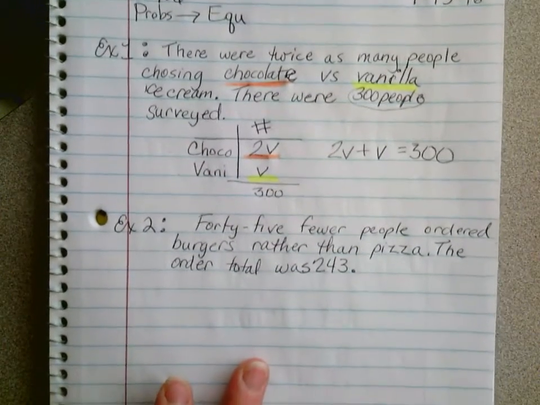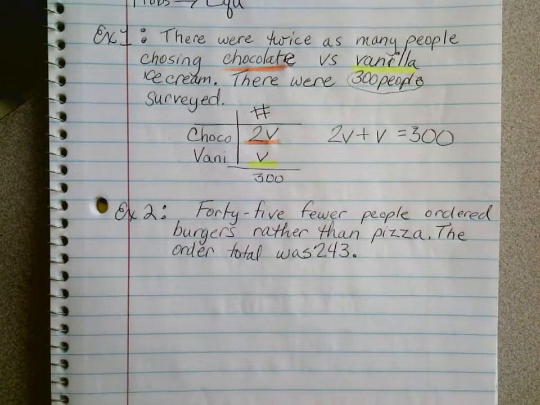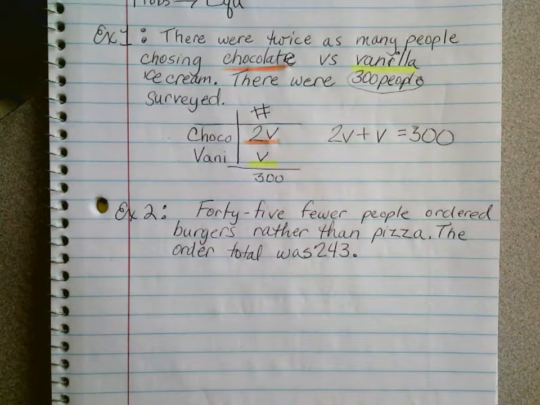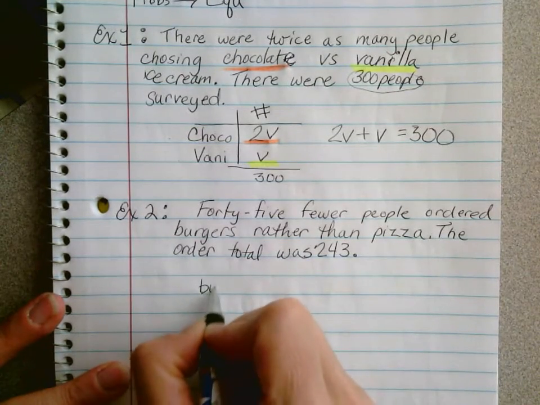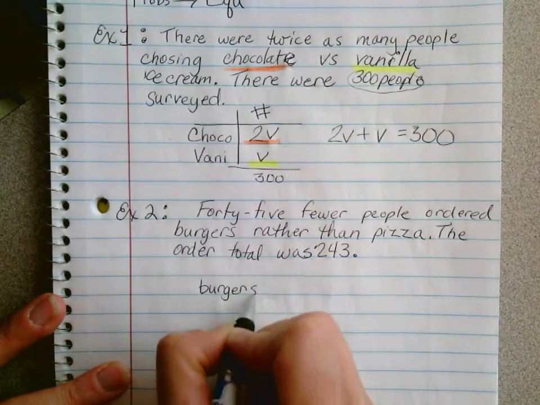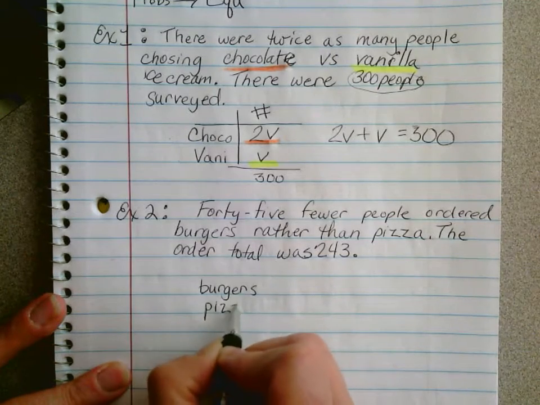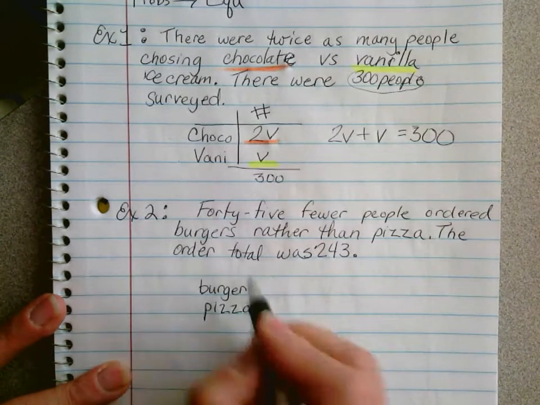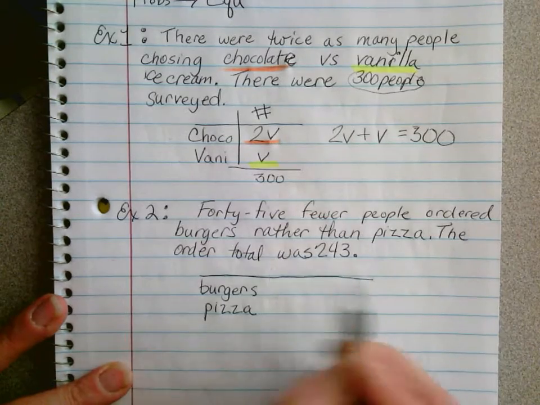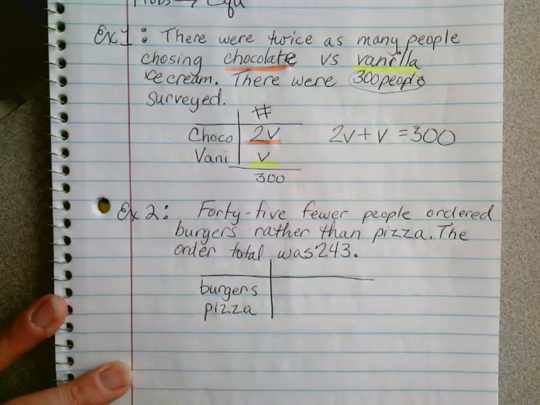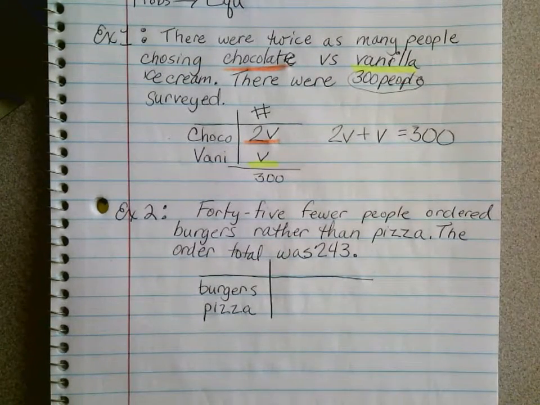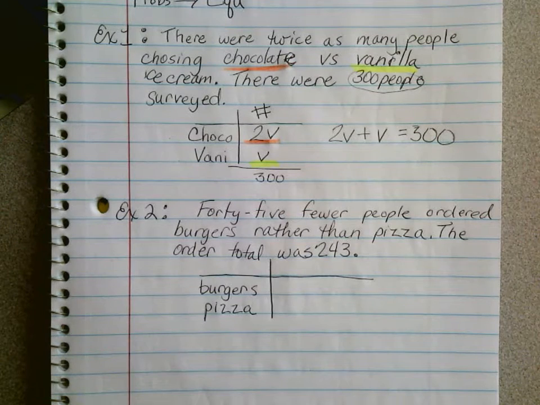All right. What am I comparing? We're not comparing ice cream anymore. It looks like we're comparing meals. What about the meals? Burgers and pizza. What do I know about these two objects? Or how about this? Which object is the other object based off of?